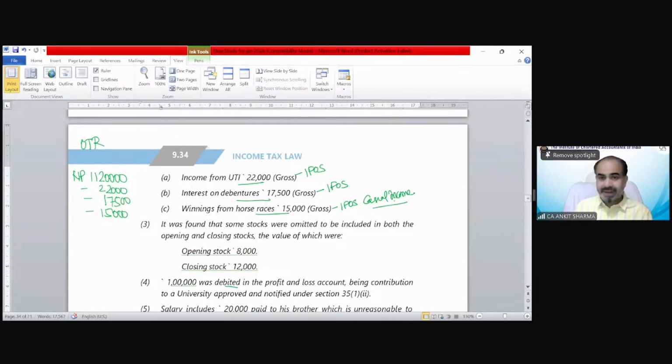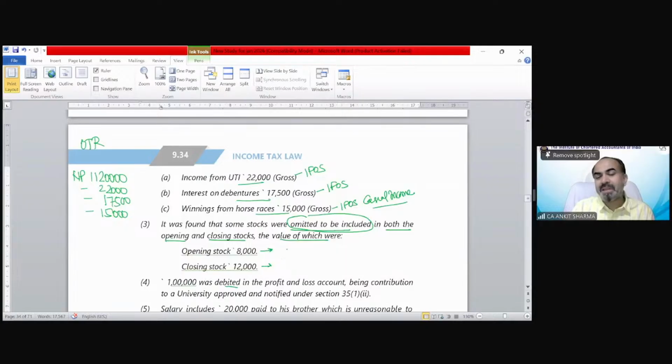Next is the third point, which says it was found that some stock was omitted to be included in both the opening and closing stock, the value of which was as follows. So we have omitted to include some of the stock. Opening stock we have omitted to include 8,000 and closing stock we have omitted to include 12,000.